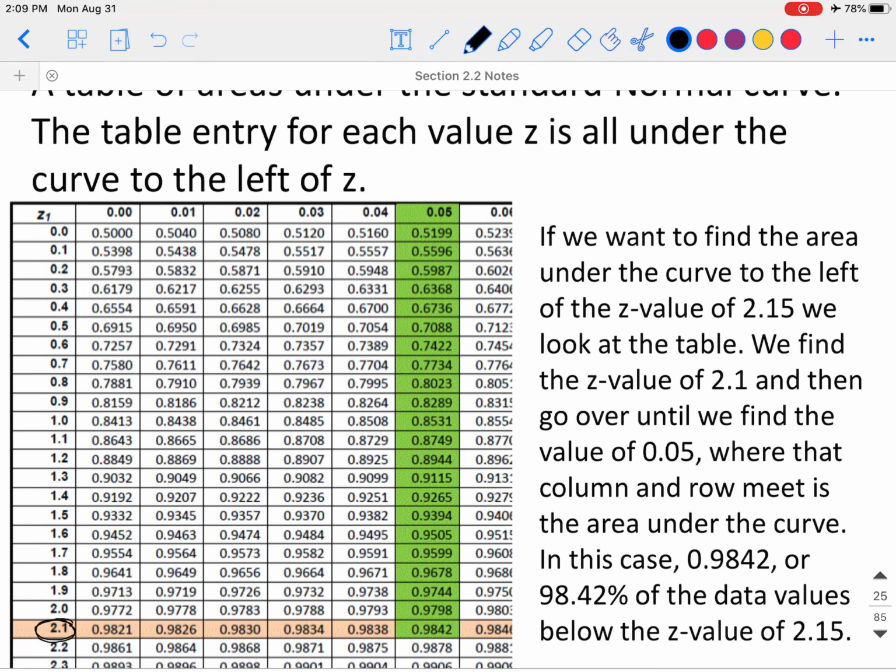So we have 2.1 here. You're going to go across that row. Then we're going to go to 0.05 because we're at 2.15. We're going to go down that column. Where that row and that column intersect will give you the area. So this has an area of 0.9842, or 98.42% of the data values fall below that z-score.